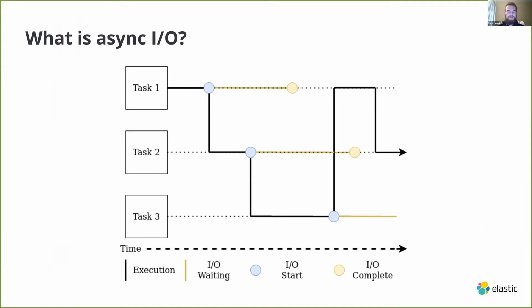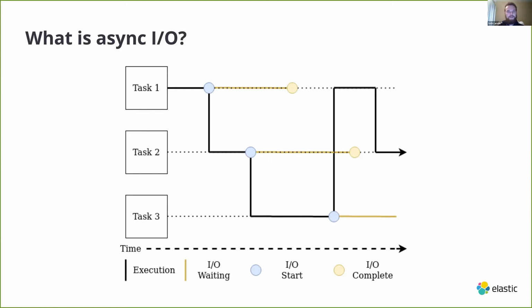I made this graphic that's a little complex, but basically the gist of it is when you're running a workload, if there's I/O, like reading from a file or talking to a website, all of these things take a lot longer than individual CPU instructions.